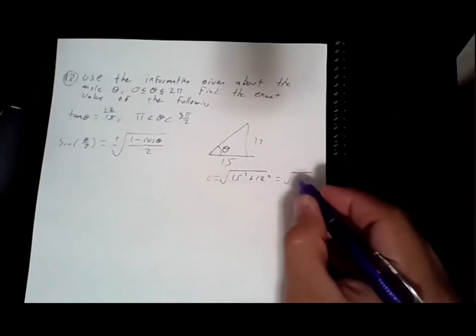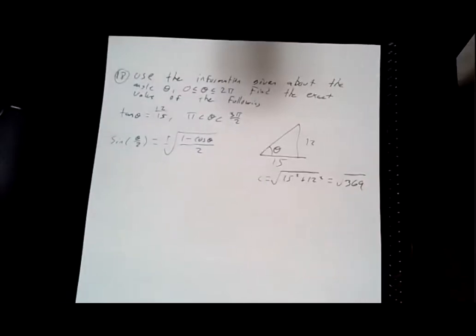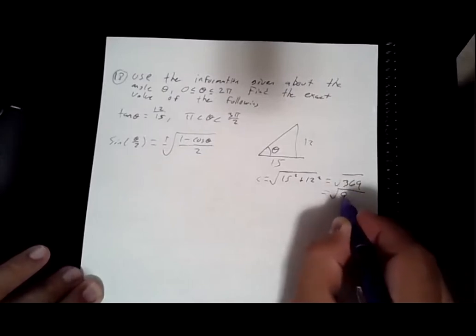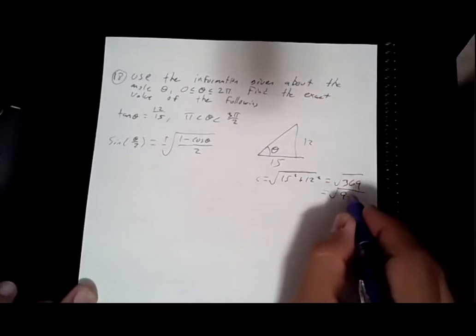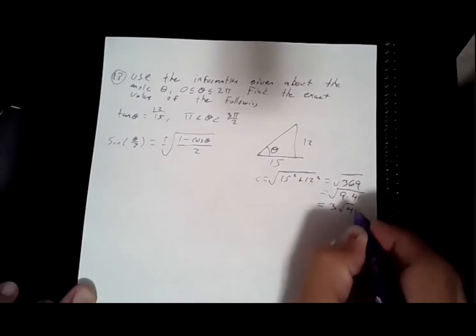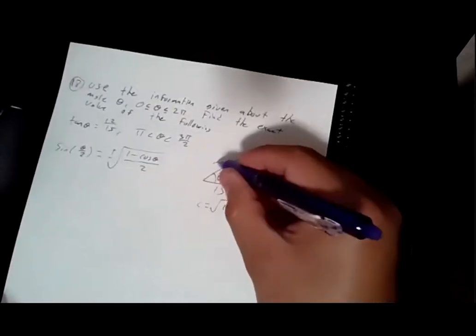That will be square root of 369. Okay, I don't think that reduces. Well, maybe it does. There's a 9 in there. 9 times 41. So that would be 3 root 41. So 3 root 41 is the hypotenuse.